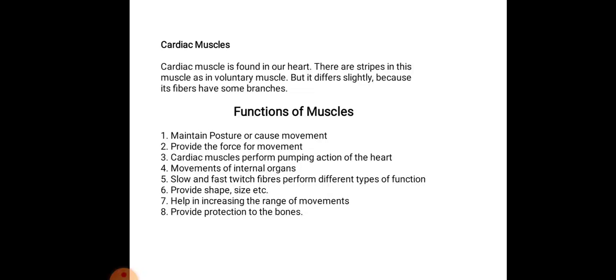This fiber produces explosive power and performs fast repetitive contraction. These fibers are usually at work in the 100-meter race or sprint race, high jump, weightlifting, basketball, football, playing games. This fiber plays a vital role while performing anaerobic activities. Okay, so this is the main function of the muscles.